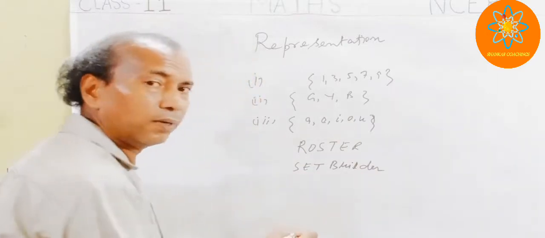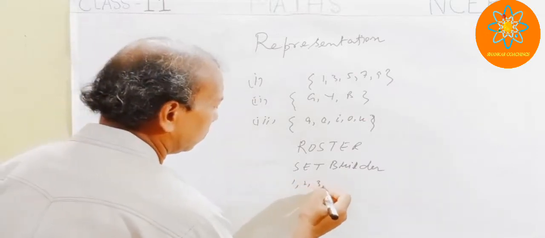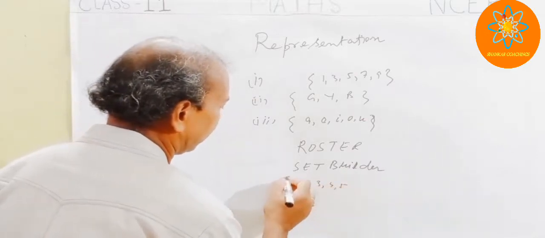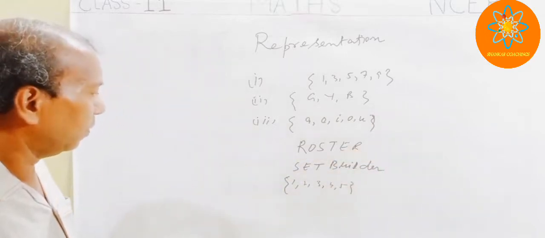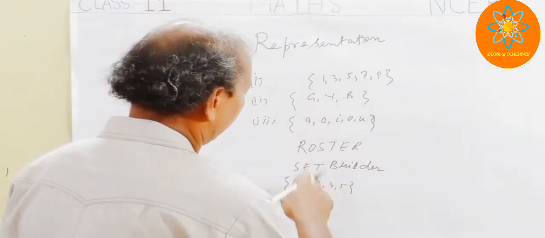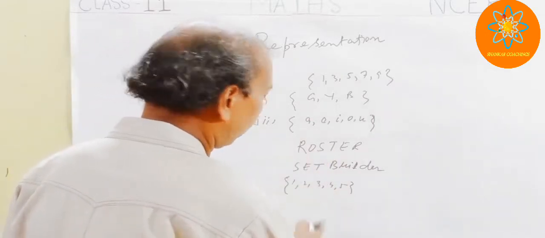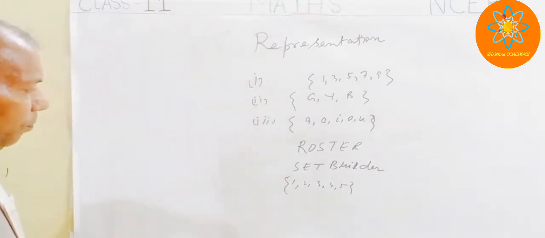So the natural numbers are 1, 2, 3, 4, 5, like this. So this form is called the roster form. How do we recognize the roster form? To recognize the roster form, all the elements will be separated by commas.